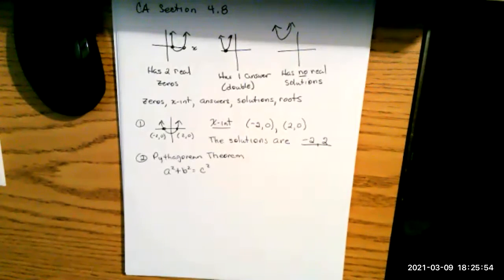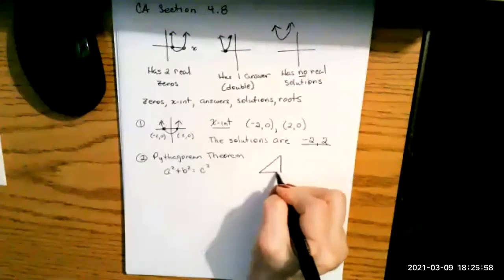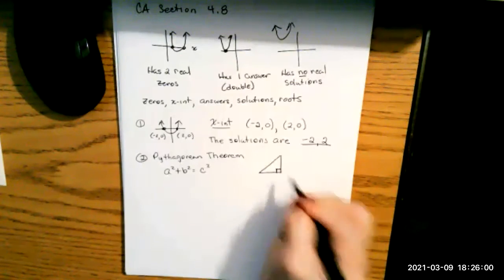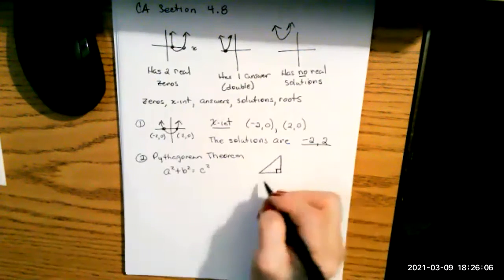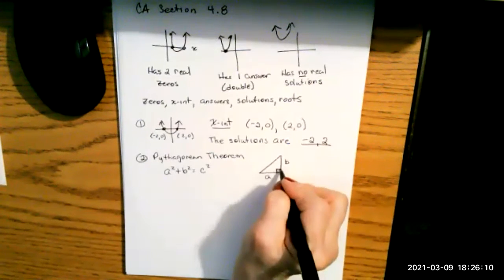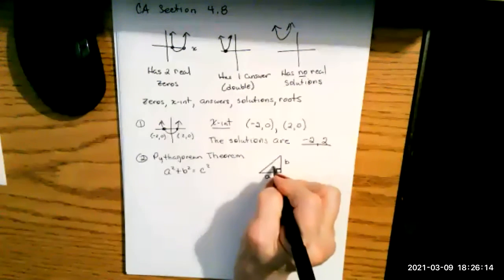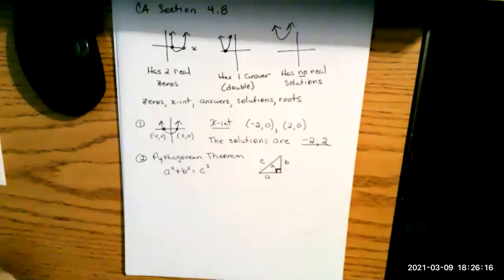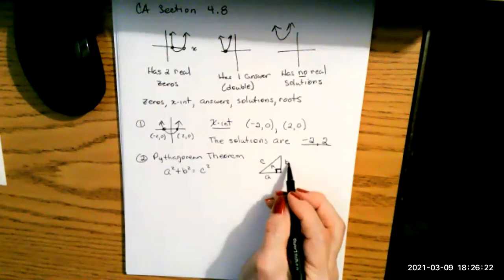And the deal about that is you have to have a triangle that's a special kind of triangle. It has to have a right angle in the corner, meaning that it's 90 degrees. Then one leg will be A and one leg will be B, and then the hypotenuse, this one here, is always the C. And so the Pythagorean theorem says if you take A and square it and add it to B squared, then you'll have C squared.